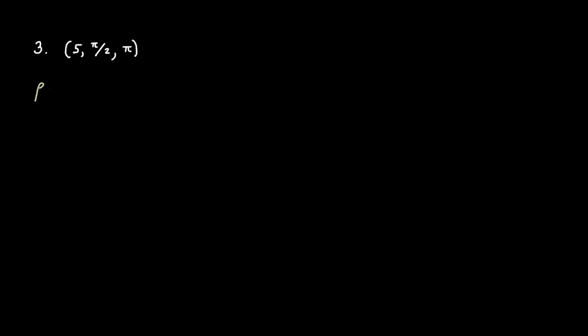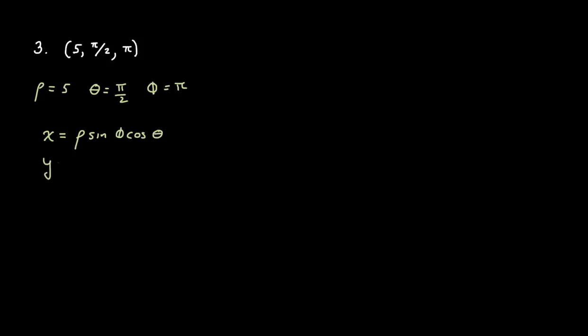So here we have rho is equal to 5, theta is equal to pi over 2, and phi is equal to pi. Essentially all we need to do here is our conversions, which is x is rho sine phi cosine theta. You must have these committed to memory.